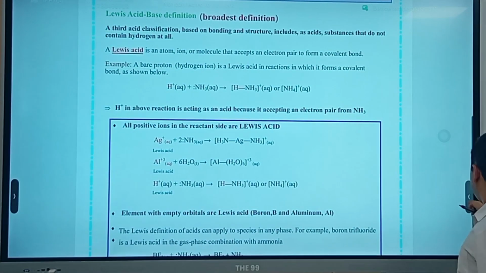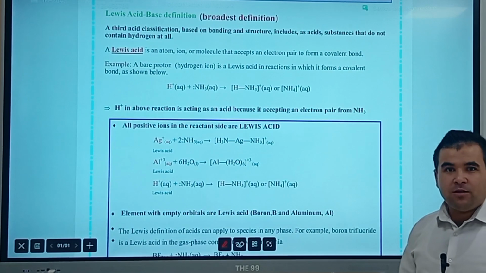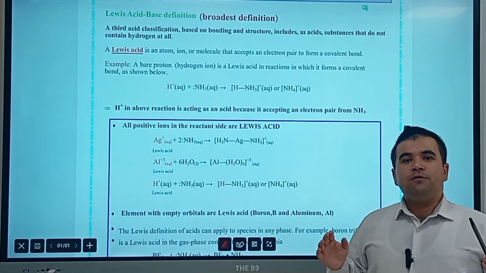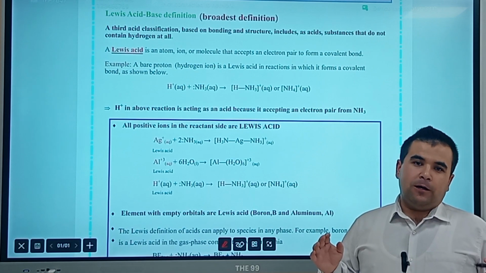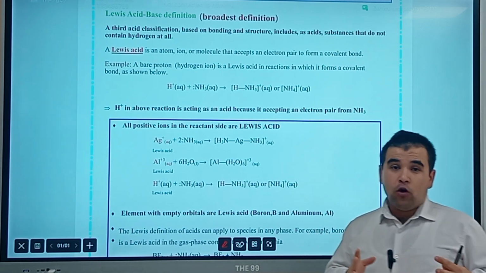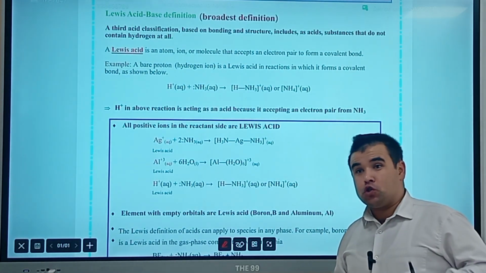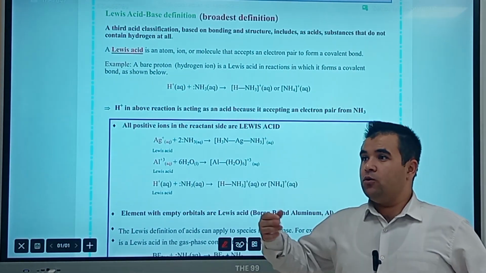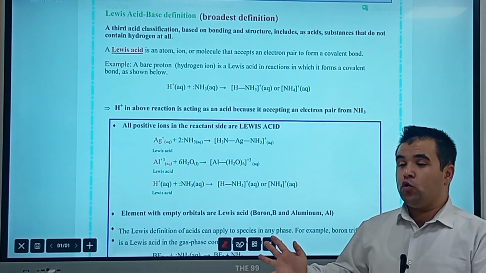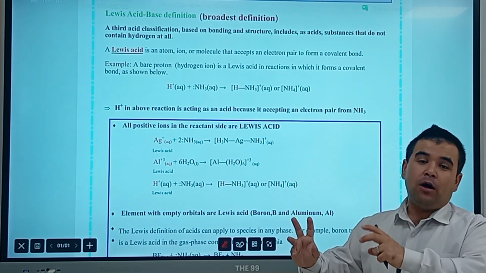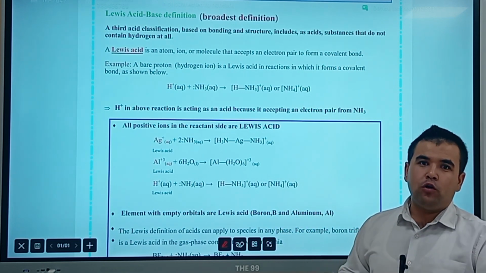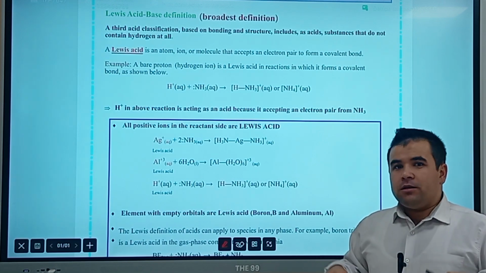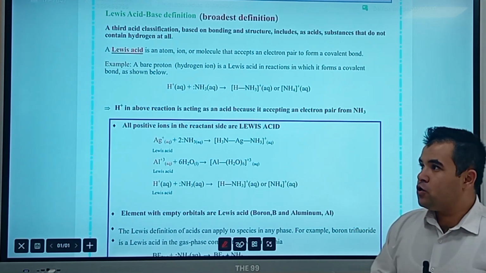The last definition of the acids and bases is the Lewis definition, guys. The Lewis definition includes ions, atoms, and molecules. Unlike the Arrhenius, which includes only neutral molecules, and the Bronsted-Lowry, which includes ions and molecules, Lewis includes the atoms as well.